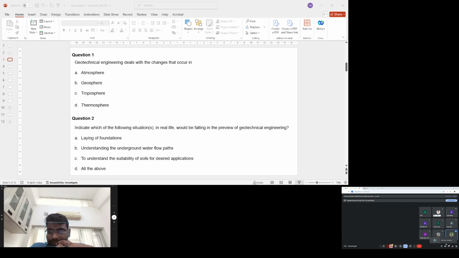By this, you are going to know soil permeability. If you know those properties of the soil, according to that you are going to decide the laying of foundation, based on the requirement, different types of foundation. Okay, you are connecting options A and B. Let me come to that also.